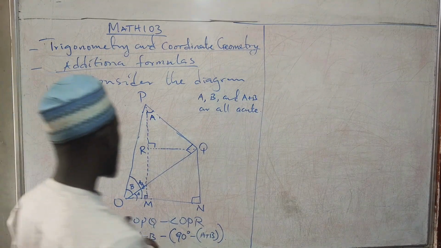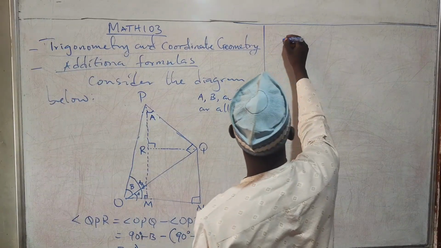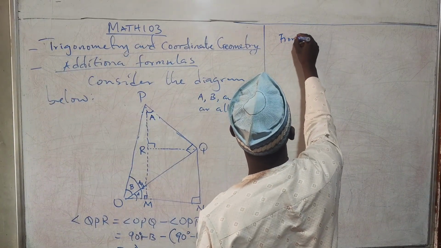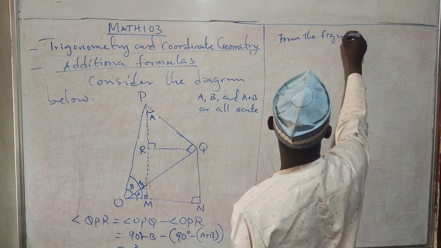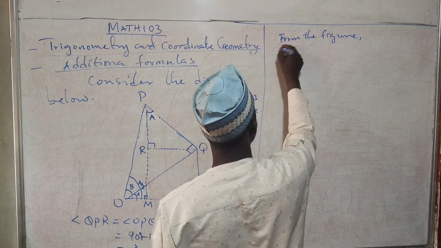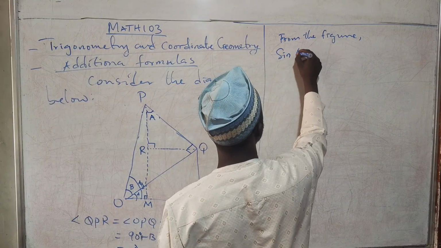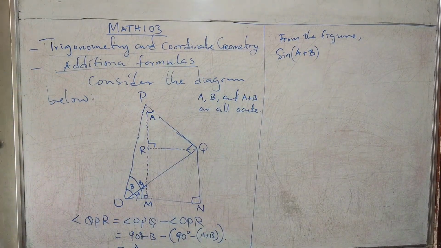Okay, so now from the diagram, we have that sine A plus B. Where is A plus B?